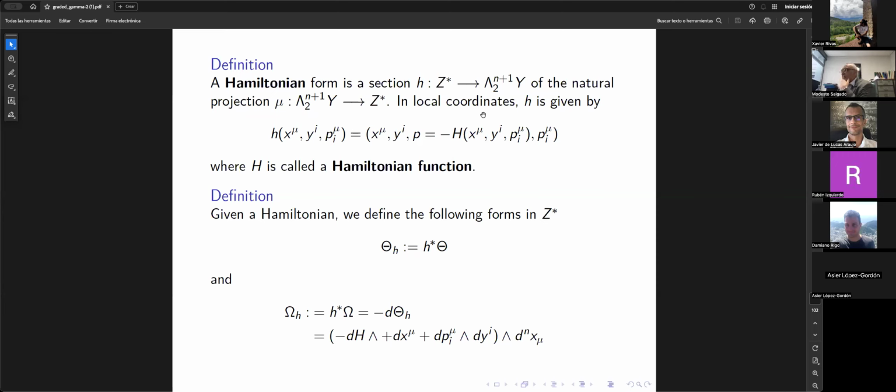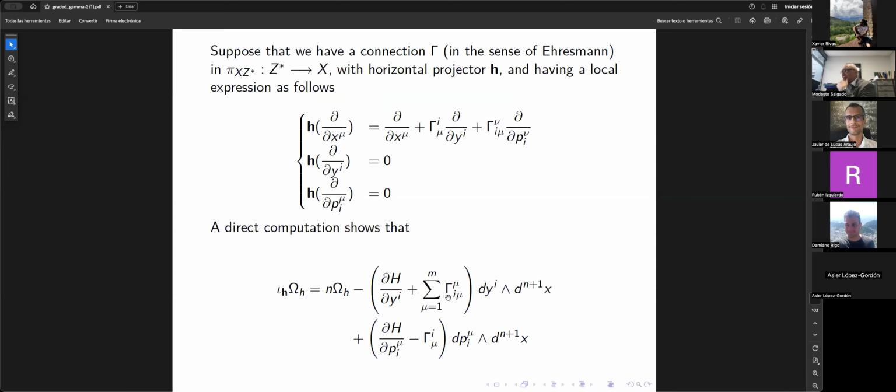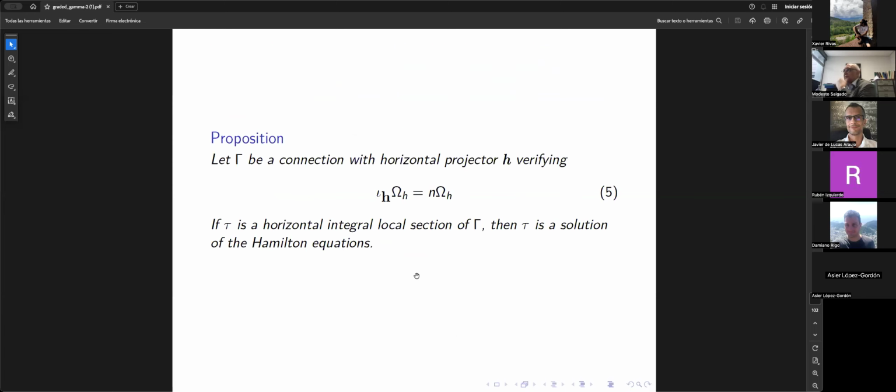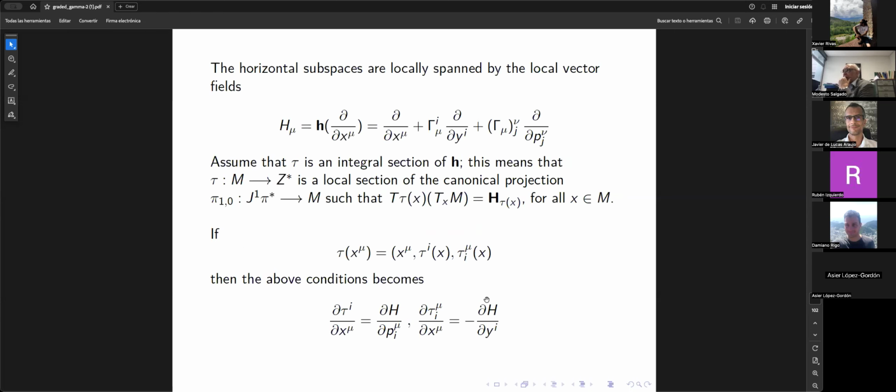We can pull back the canonical form here to zeta star, and we do the same things again. We consider a connection in the sense of Ehresmann of this bundle zeta star over X, and we do the same computation, and we can prove that a connection satisfies this equation if and only if the integral local sections are the solutions of the Hamilton equations.